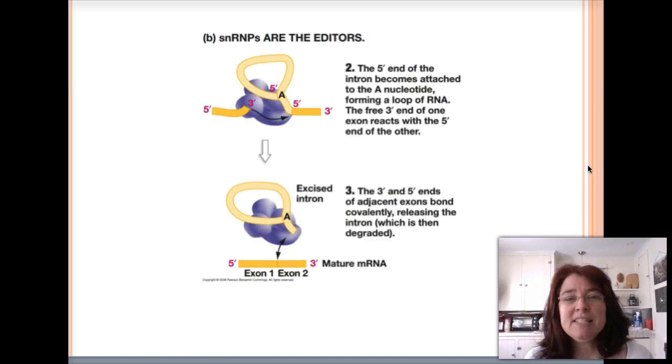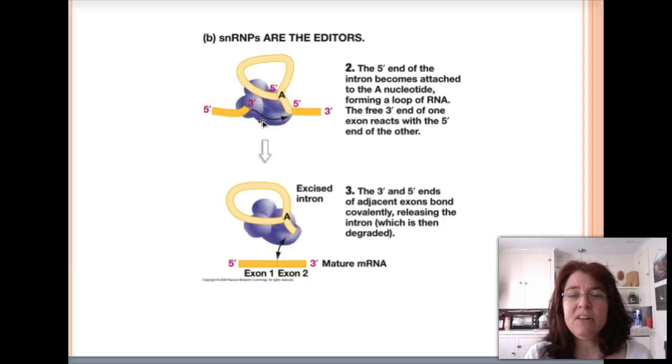So in this slide, we can see the final pieces of the spliceosome mechanism going on. Here we can see this purple molecule. These are the SNRPs all joined together into a spliceosome. We can see this exon, and we can see the looped intron with that adenine exposed at one end.